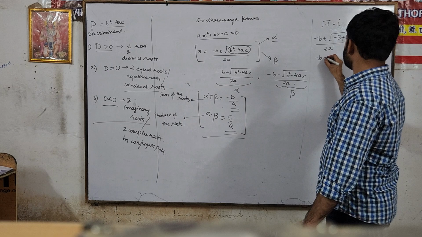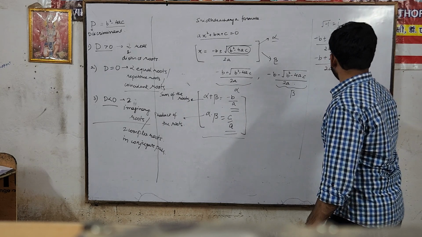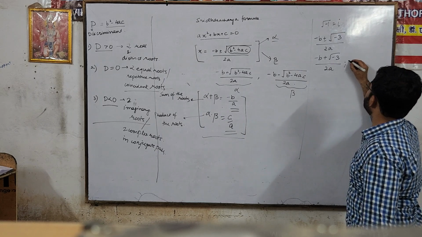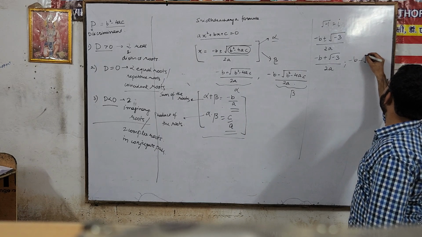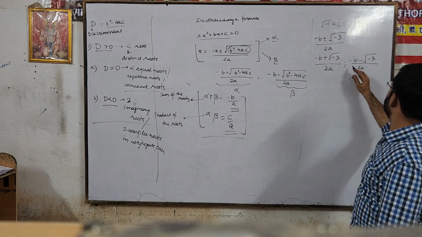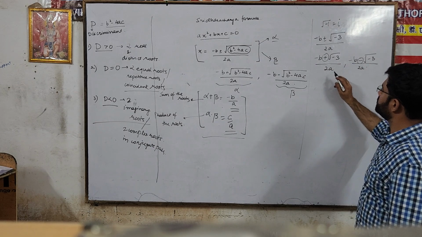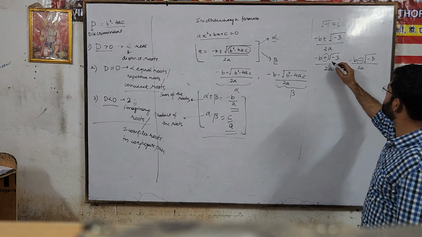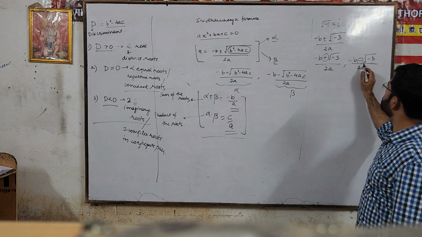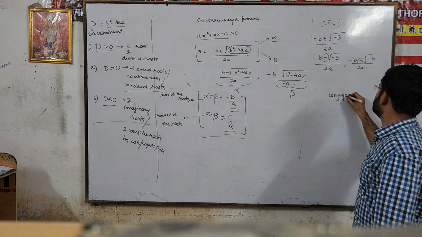So the roots are going to be minus b plus under root of 3 by 2a, and the second root is going to be minus b minus under root of 3 divided by 2a. Now we have a plus term over here and a minus term over here. Where one is a plus term and another is a minus term, this is known as a conjugate pair.